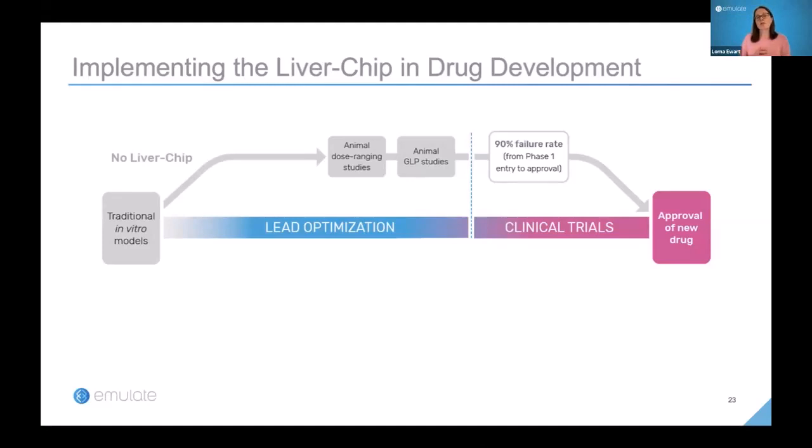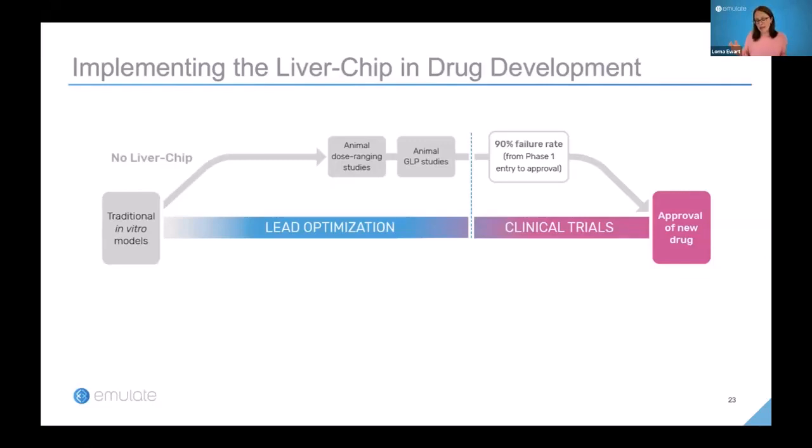What I've shown you here at this point in time is a very traditional screening cascade. At this point in the process, we are just about to enter lead optimization. We'll have performed traditional in vitro models on the candidates that we're interested in, and we'll now have 2 or 3 that we really want to progress through an animal dose range finding study into a GLP study, and then onwards into the clinical trial.